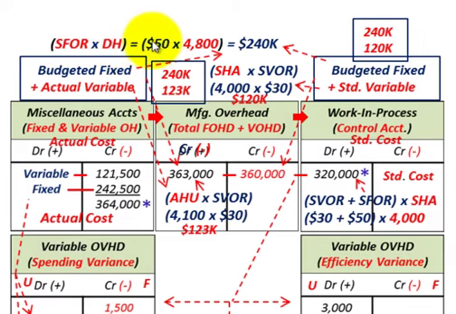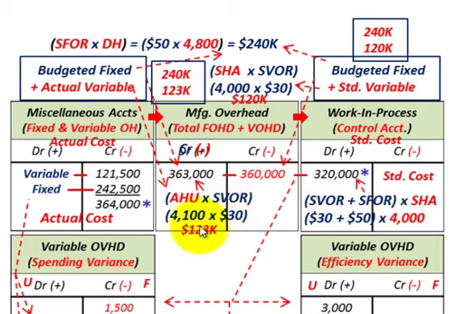The next thing is our actual variable amount. The actual hours used are 4,100 hours, times our standard variable overhead rate of $30. That gives us $123,000. So the budgeted fixed amount, $240,000, plus our actual variable of $123,000 gives us $363,000.